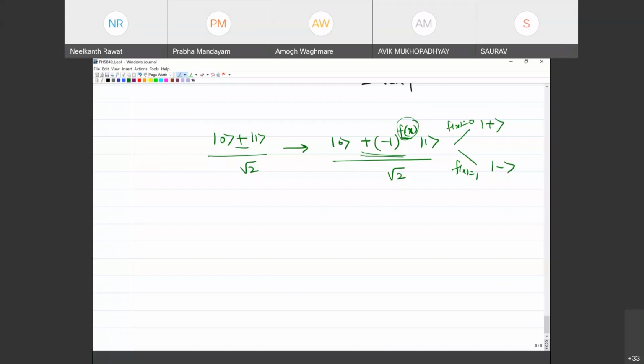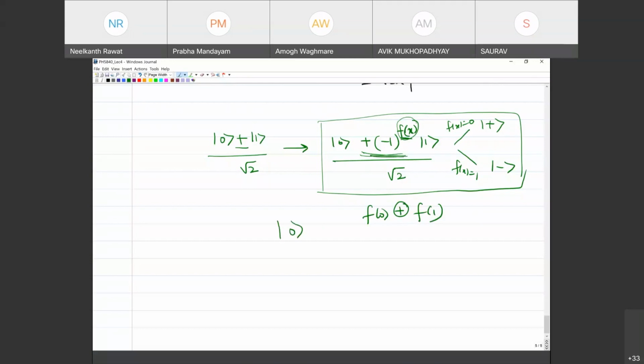We will abstract out the phase information. In fact, you can write this as something like f of x XOR f bar of x, to say that whether the function is constant or balanced is what decides this phase. So in some sense, it is f of 0 XOR f of 1. I can write the final state in the Deutsch algorithm like this, with -1 to some phase.